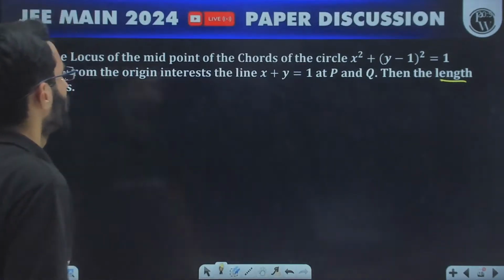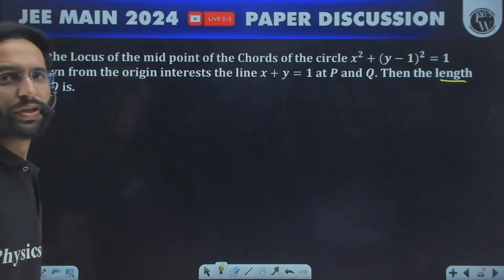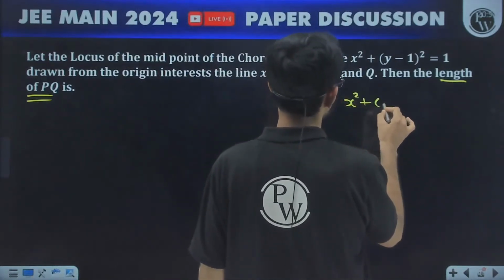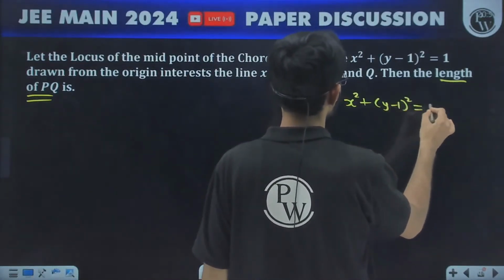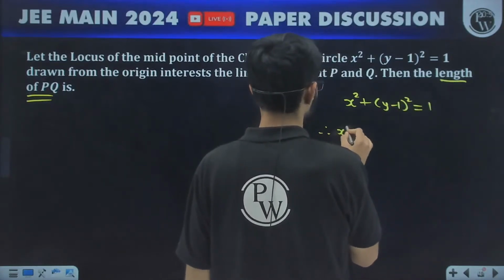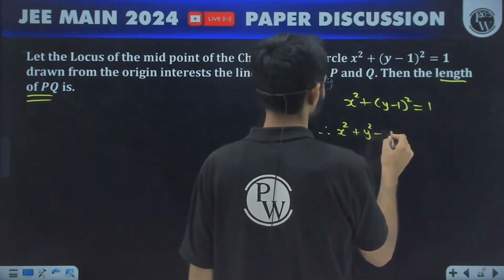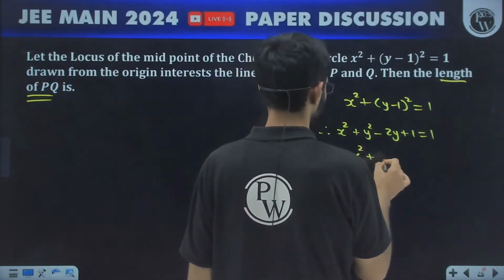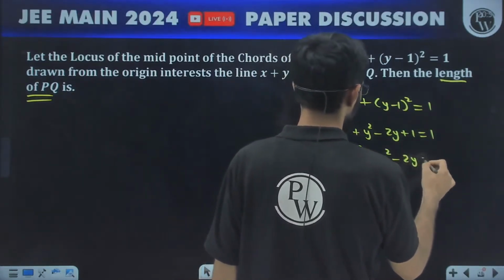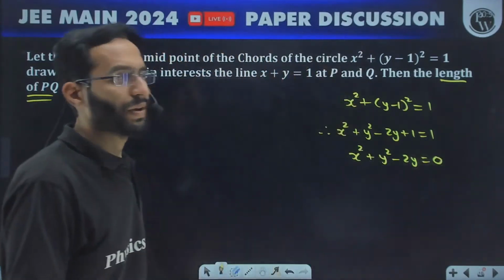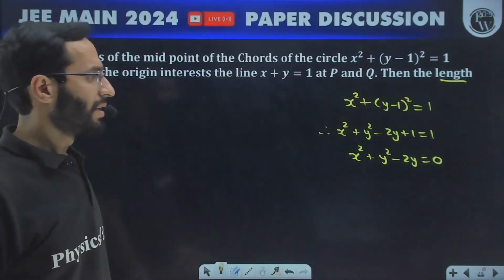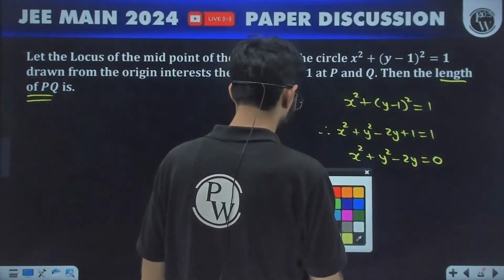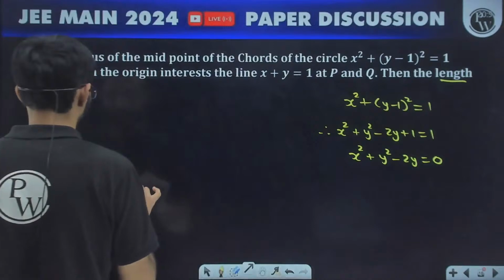So for that, the circle x square plus (y minus 1) whole square equal to 1, if I simplify this further, becomes x square plus y square minus 2y plus 1 equal to 1. So x square plus y square minus 2y equal to 0. That means this circle is itself passing through the origin.